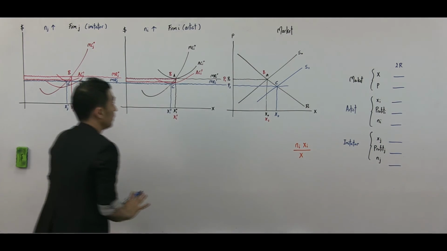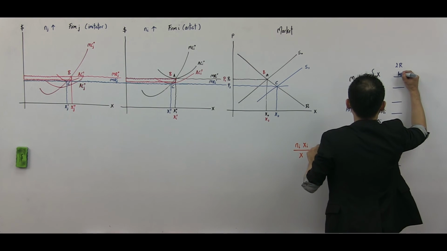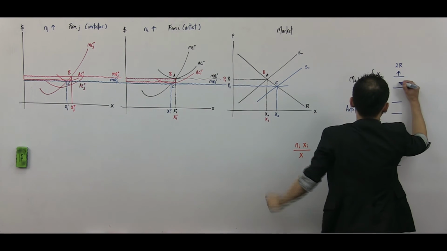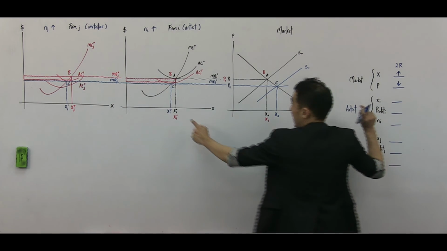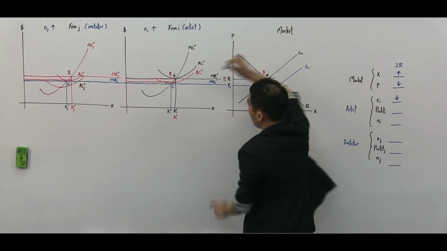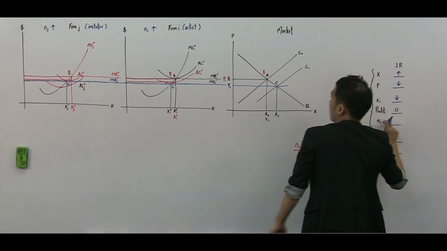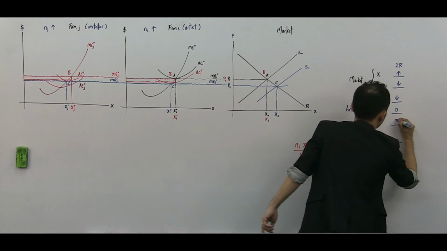Let's take a look now. Market output X0 to X2, up. Market price P0 to P2, down. XI, XI0 to XI2, down. Profit at point C is 0. Number of firms, NI, increase.